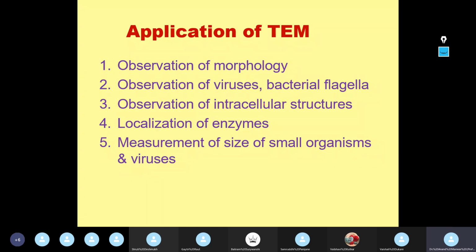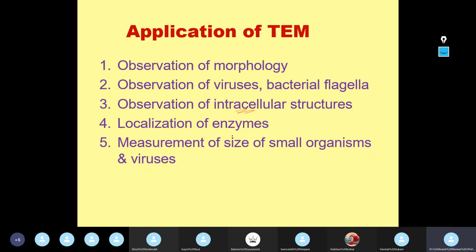So this bacterial flagella can very easily be visualized under electron microscopy. As I stated, electron microscopy can be used for observation of intracellular structures.